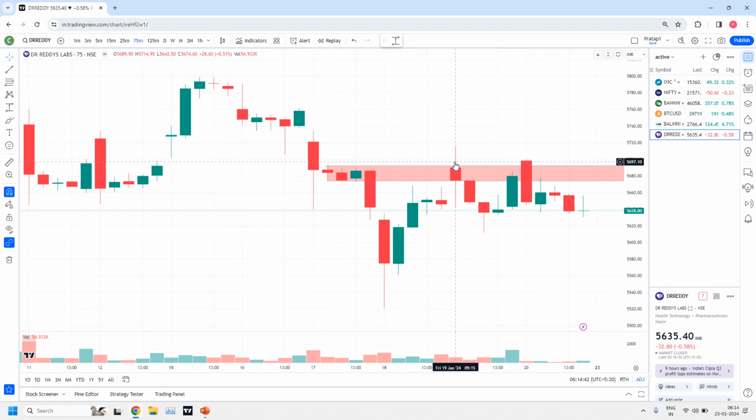But by using the zone confluence, by fine tuning the zone, we identified before taking the trade itself that mostly this zone will be violated. When we say this zone is going to be violated, we don't take a trade in that zone. How did we do that?